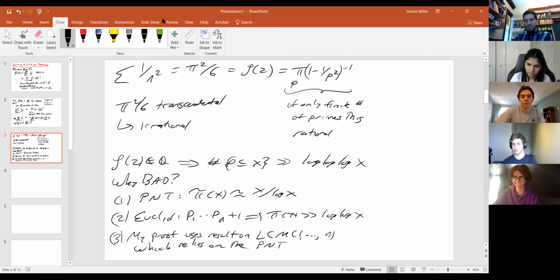So the paper I was using used the prime number theorem to prove a result about least common multiples, which then was used to prove a result about how irrational pi squared over 6 is, which I then used to prove that there's at least log x primes. So in other words, starting with the fact that there are x over log x primes, I'm able to prove that there's at least log x primes.